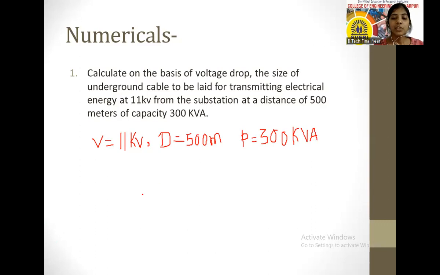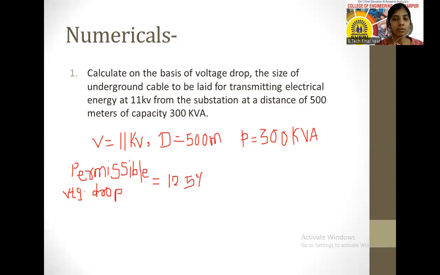So first of all, which formula do we have to use? We have to calculate the permissible voltage drop. That permissible voltage drop should not be more than 12.5% of the total voltage. 12.5% of 11 kV. So what is the value here?